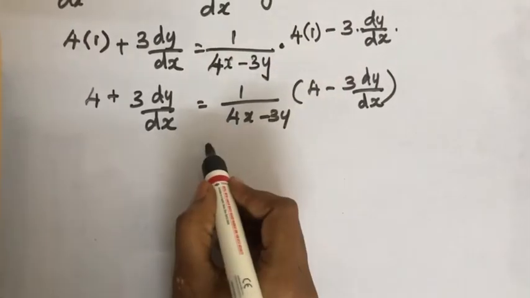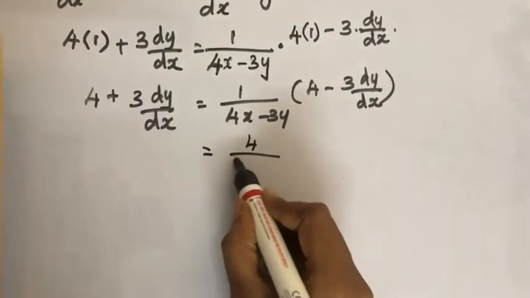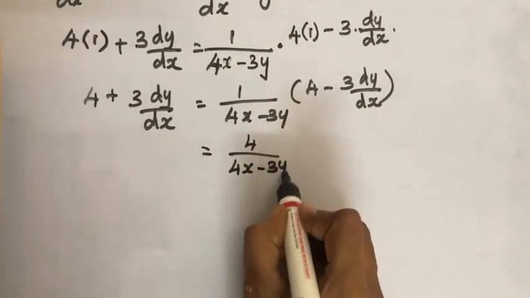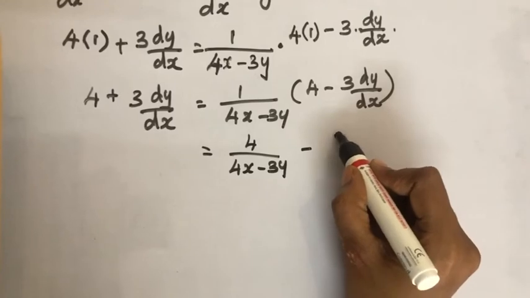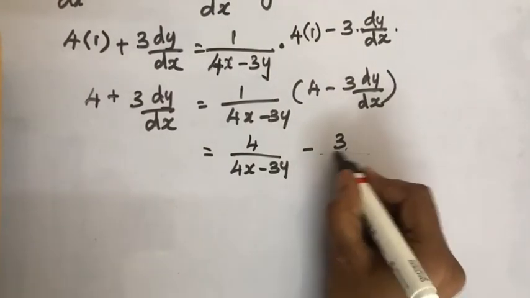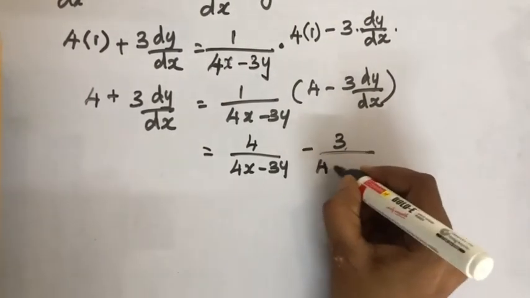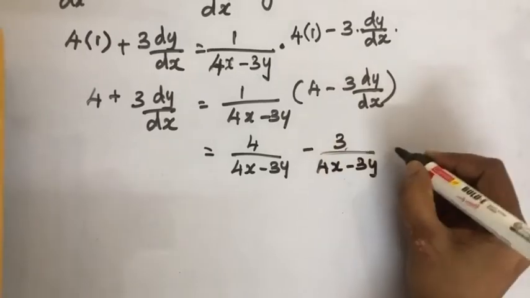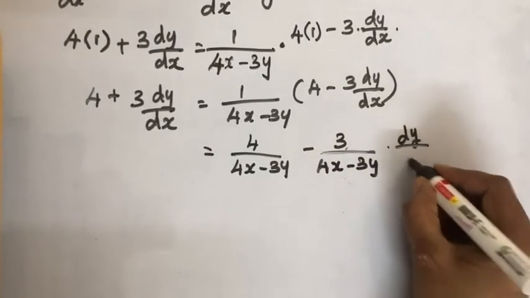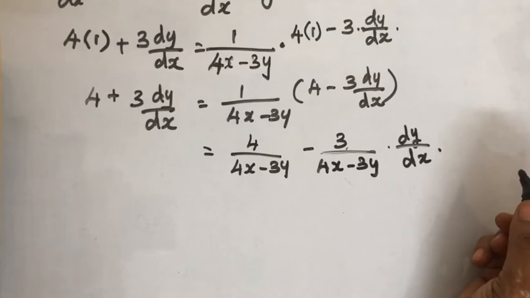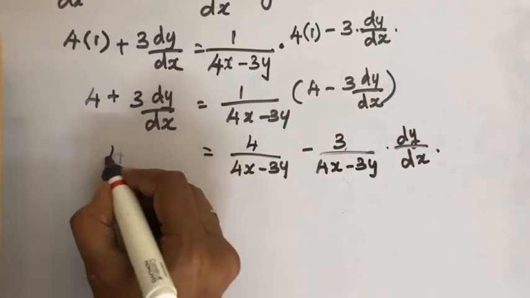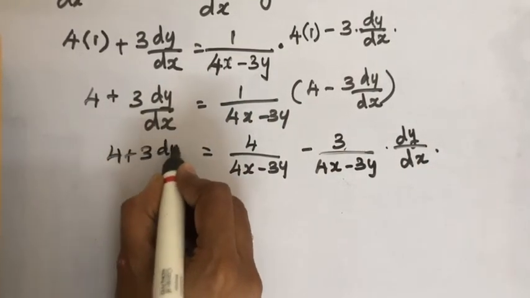So we can multiply this inside, that is 4 divided by (4x minus 3y) minus 3 by (4x minus 3y) into dy by dx. Here 4 plus 3 into dy by dx.